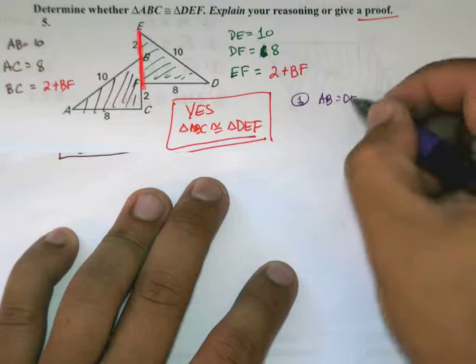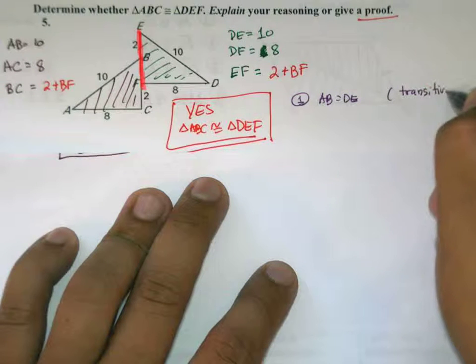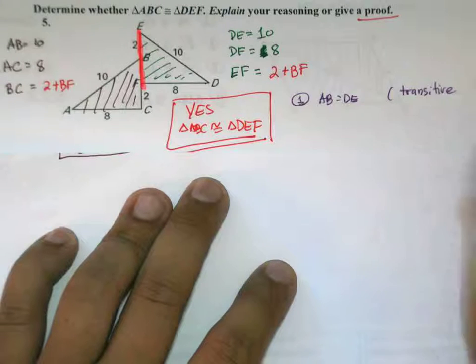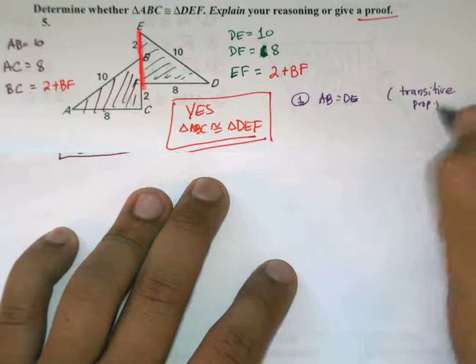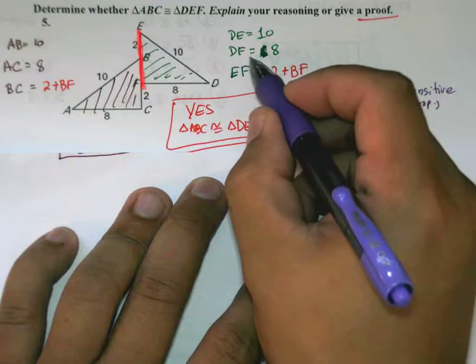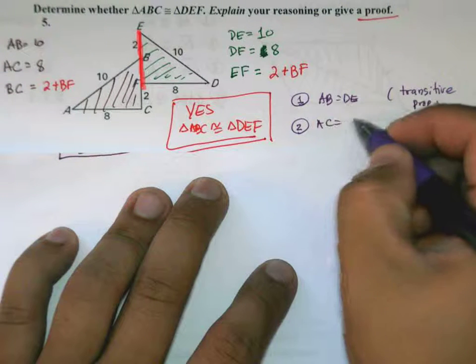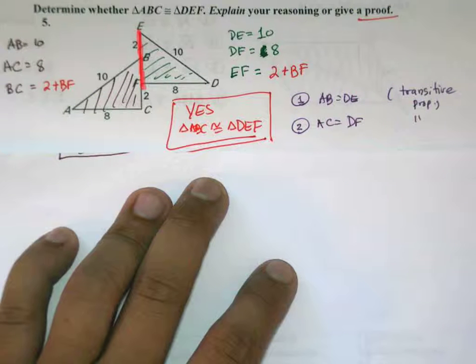And this is the transitive property since both are equal to 10. AB is 10, DE is 10. That's the transitive property that I'm using there. I can also say that AC is equal to DF. And same thing, it's also the transitive property. They're both equal to 8.